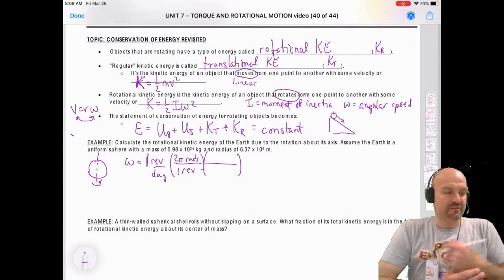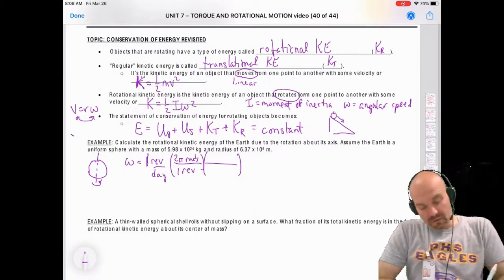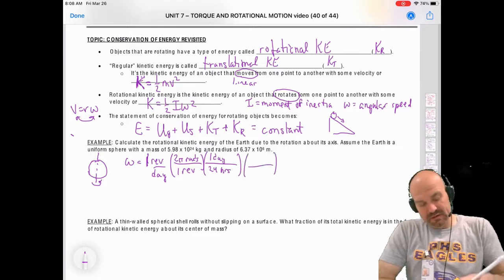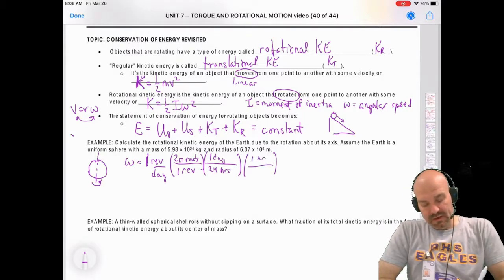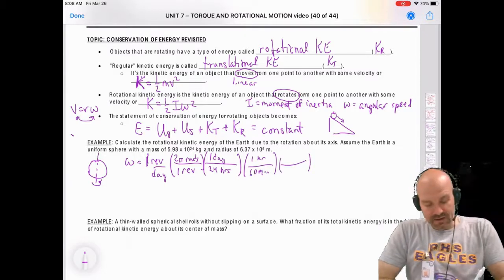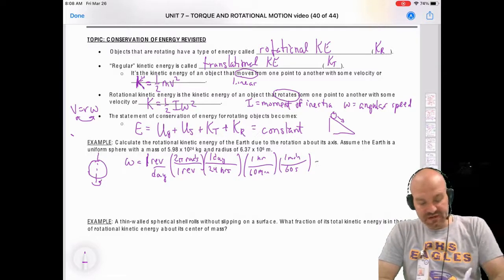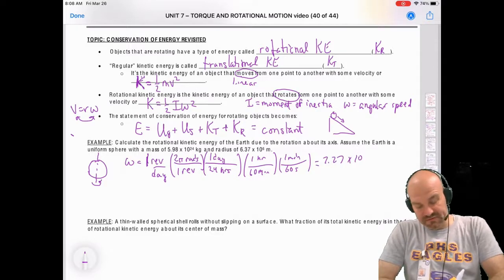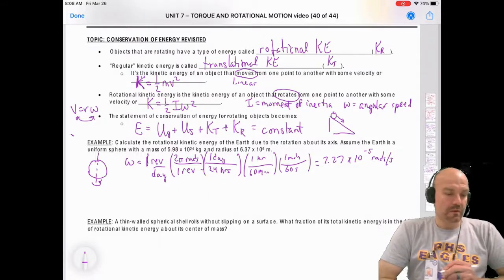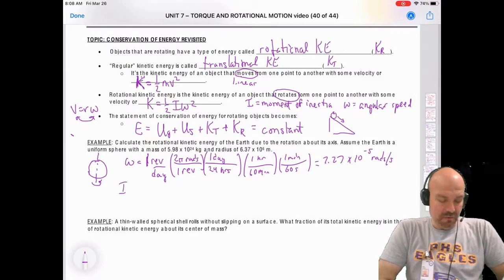So there we are now in radians, because we have to get this into radians per second. 1 day is 24 hours, 1 hour is 60 minutes, and 1 minute is 60 seconds, or you can do 1 hour is 3,600 seconds. And so that gives us a rotational speed of 7.27 times 10 to the negative fifth radians per second. Okay, now we need to find the moment of inertia of Earth.